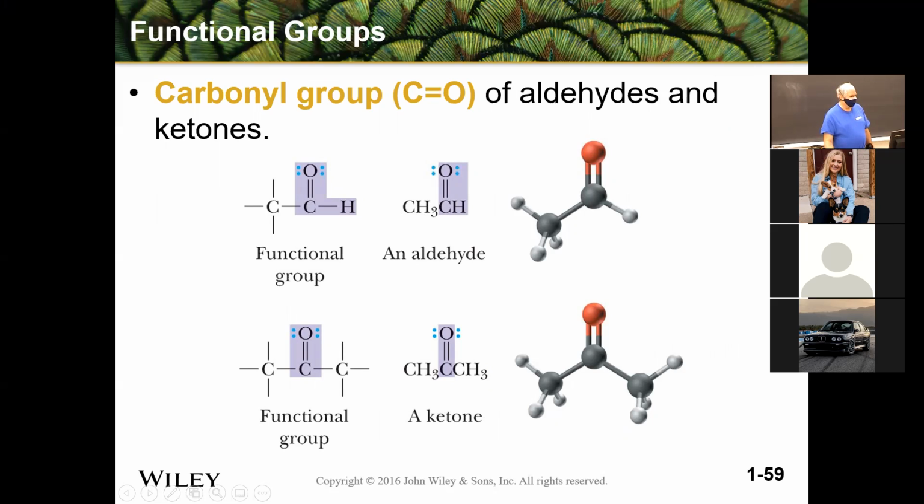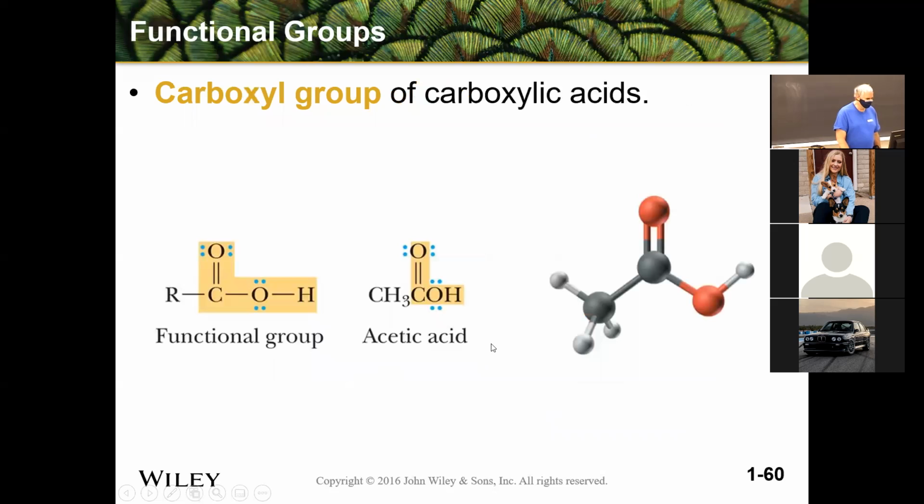The carboxylic acid has an extra O. Okay, it's C double bond O, OH. The aldehyde just has an H. A ketone has carbons on both sides. Okay, so here's the carboxylic acid group.